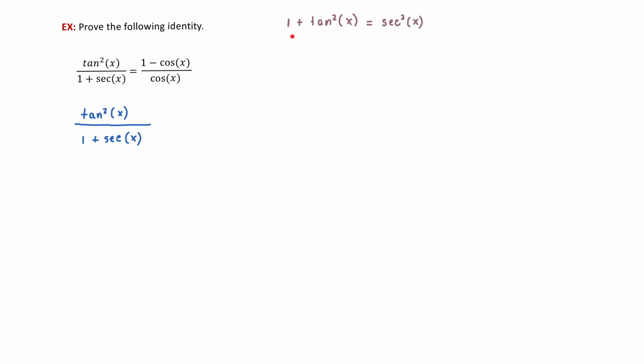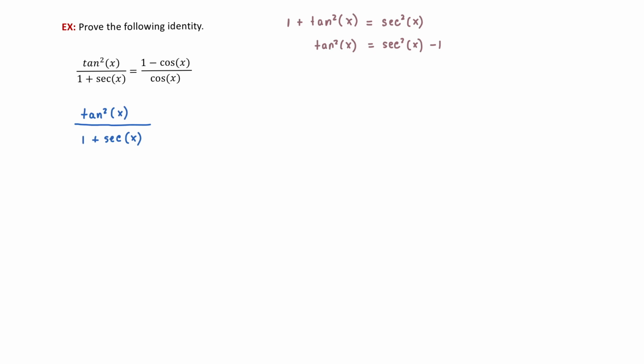And then I can take this identity and isolate tangent squared. So I can write that as tangent squared x equals secant squared x minus 1. We're taking this 1 and subtracting it, so that will move it to the other side.